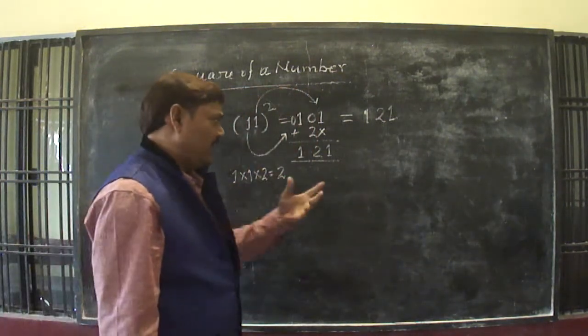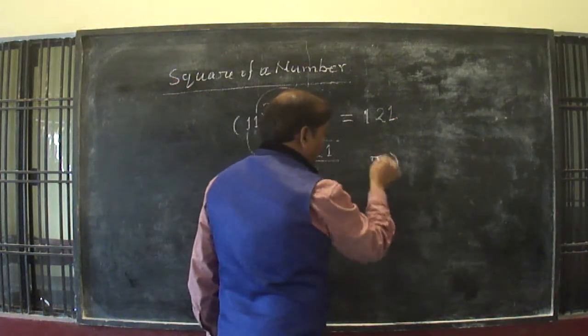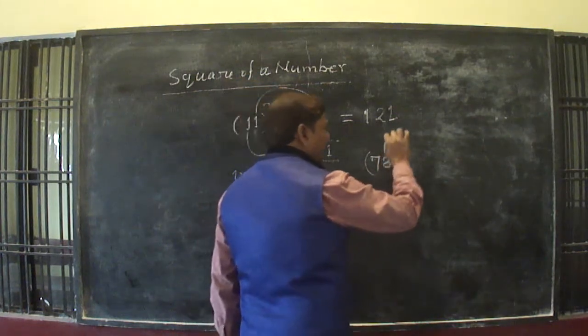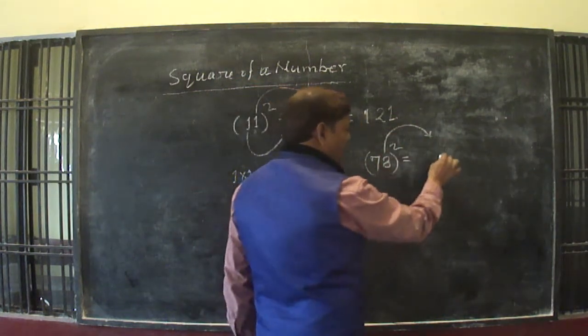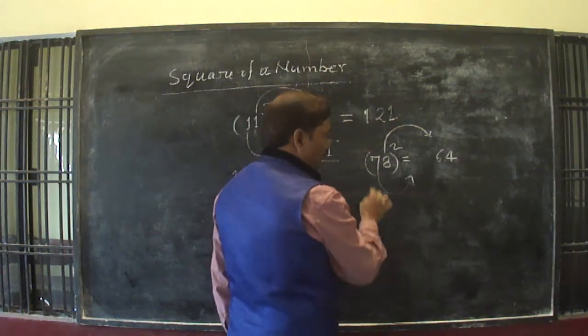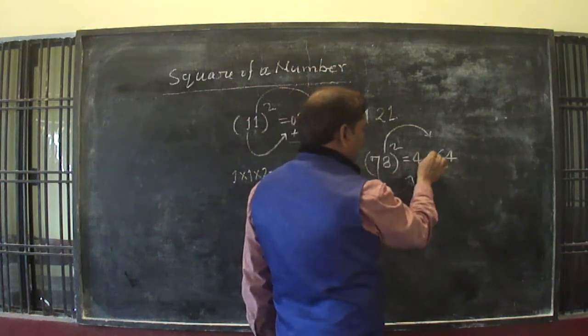In this method we can get square of any number. Suppose we want to square 78, so first we write the square of 8 is 64 and square of 7 is 49.